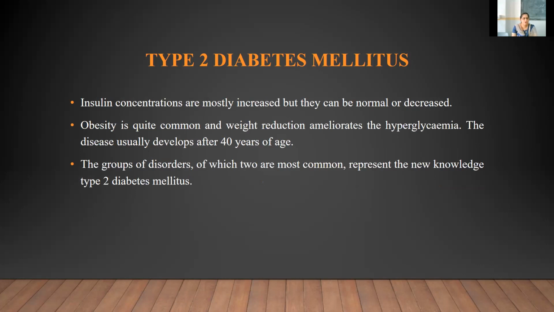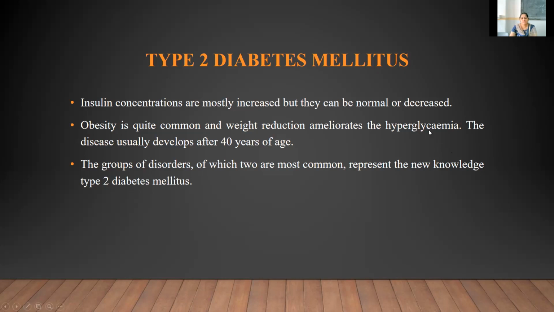That is why, especially with women between 45 and 55, they reach menopause, and during that state they gain weight because the hormones are not playing the same role now. So obesity is quite common, and weight reduction ameliorates the hyperglycemia.